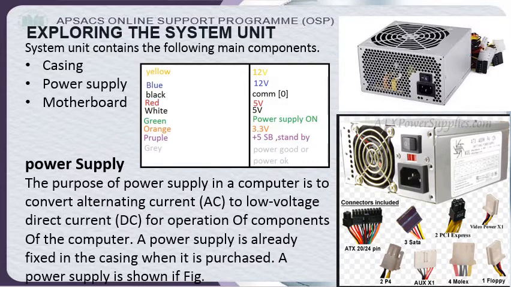It can give power to the hard disk, the CD-ROM or DVD-ROM, the floppy drive, the 3D card which can be put on a PCI Express port, or a SATA hard drive.